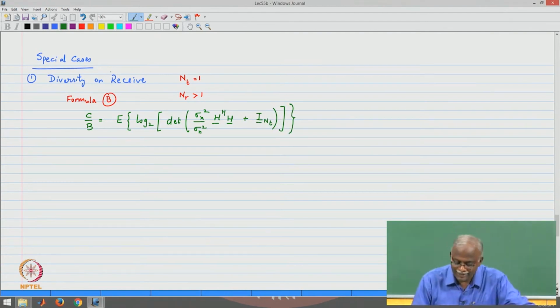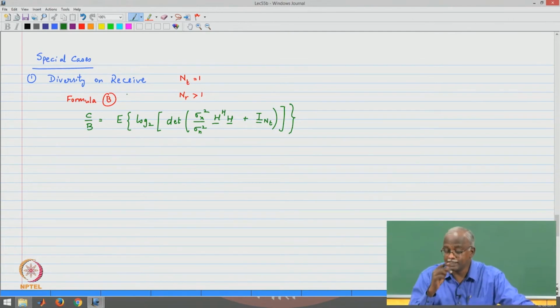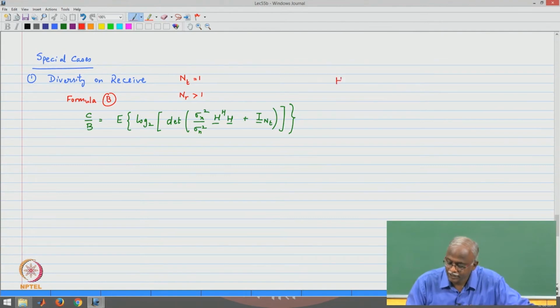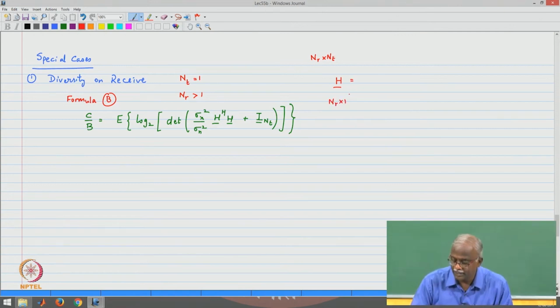Now, since this is a receive diversity system, I would like you to help visualize what the channel matrix looks like. The channel matrix has a very interesting structure. The dimensions of H are always NR cross NT. Since NT is 1, we have an NR cross 1 matrix in this particular case.